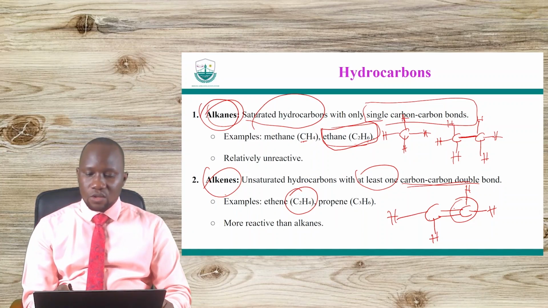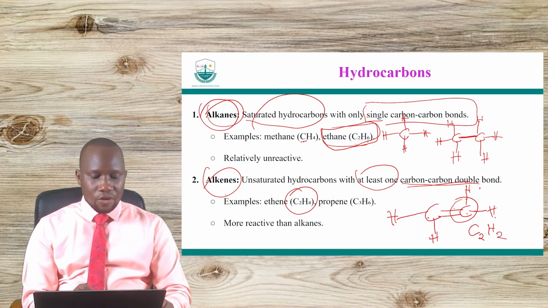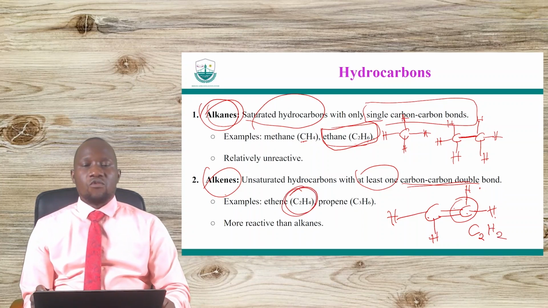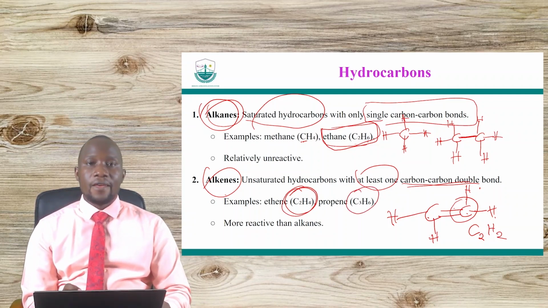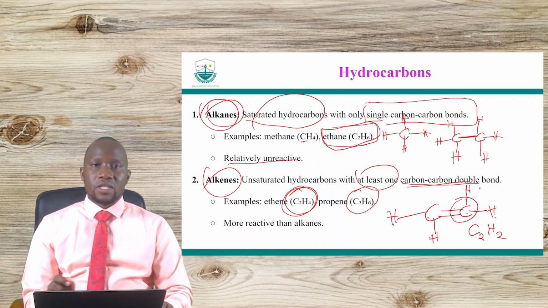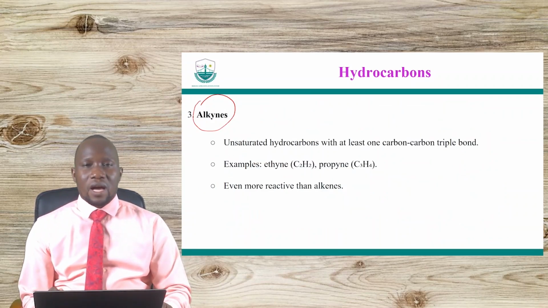If you count 1, 2, 3, 4, so H2. That's what we have in C2H4. Even when we write this, there should be a double bond between the carbon and the carbon. So those are alkenes. All alkenes have a double bond, and that makes them more reactive compared to the alkanes.